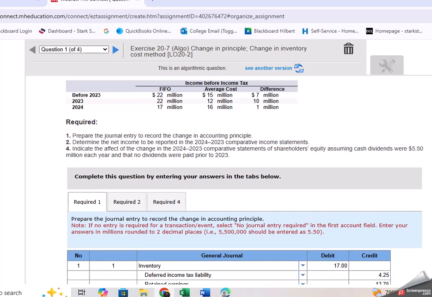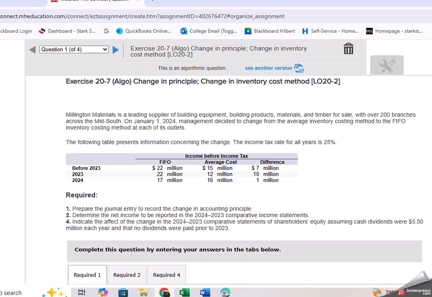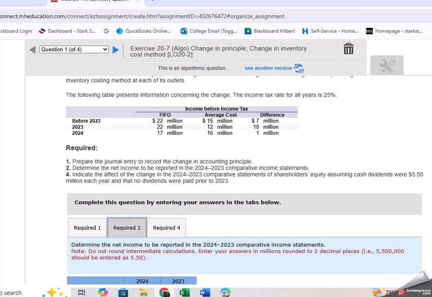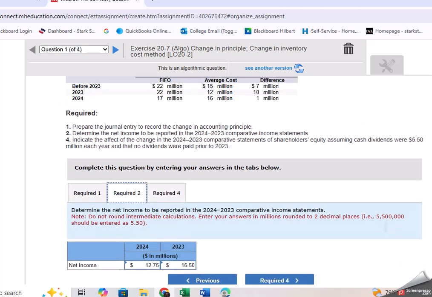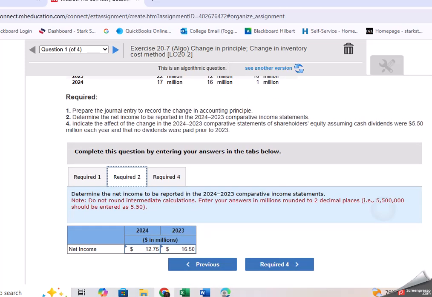Okay, then the second thing says determine the net income to be reported. So again, we're going from average inventory to FIFO. So for 2023 and 2024, we're going to go with that 22 million and that 17 million, but then we're going to take those net of tax.